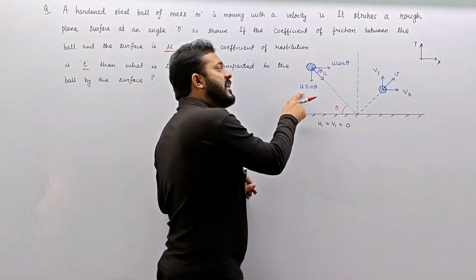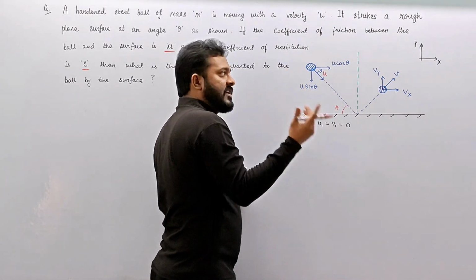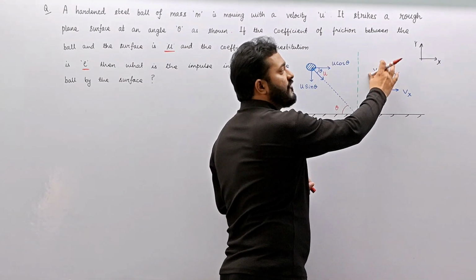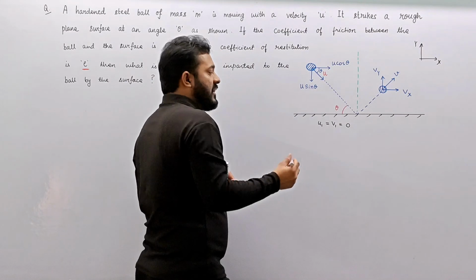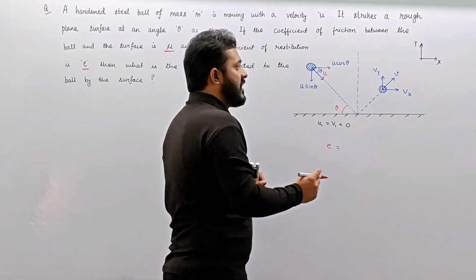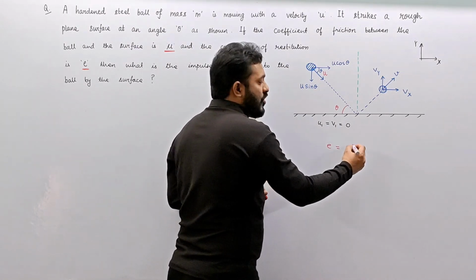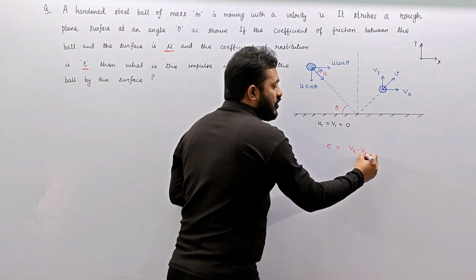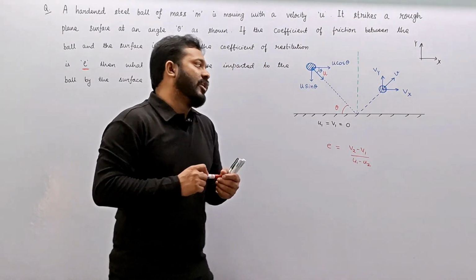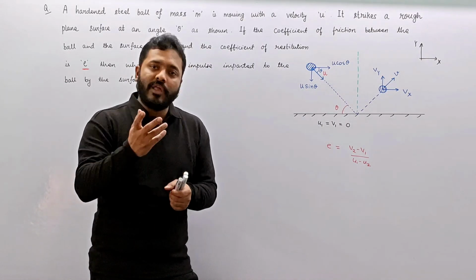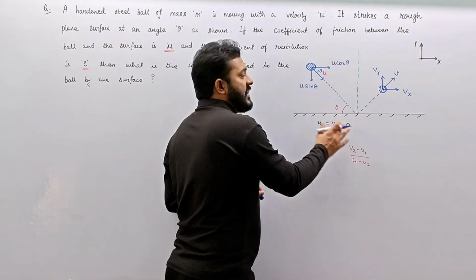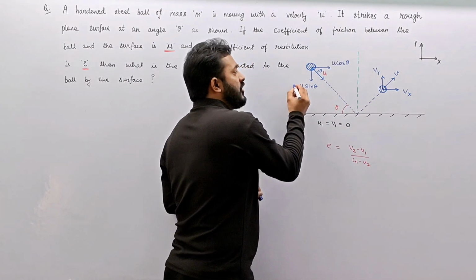So this is the velocity responsible for collision, or we say this is the velocity of approach, and this one is the velocity of separation. Now, the coefficient of restitution is defined as velocity of separation upon velocity of approach, and we write it as v2 minus v1 by u1 minus u2, where 1 and 2 are the velocities of the two particles involved in the collision. Here, we are considering 1 as the plane hardened surface, so this is going to be 2.